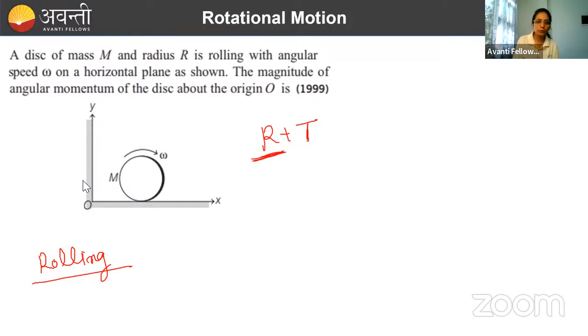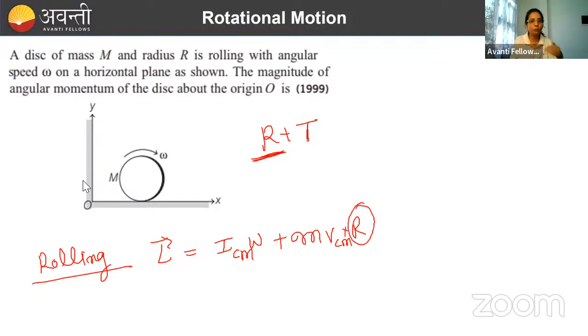So total angular momentum will be equal to I_CM omega plus M V_CM into R. R you will calculate according to the point about which you have to calculate. Here we have to calculate around O. Just draw a line passing through its center.